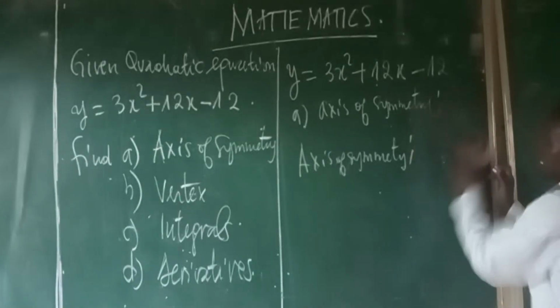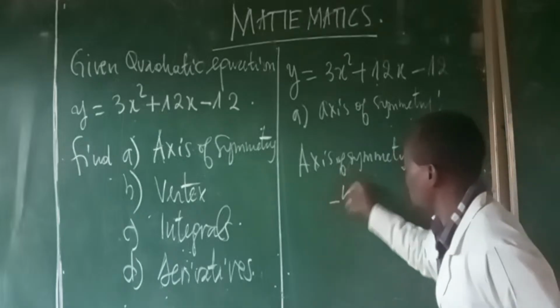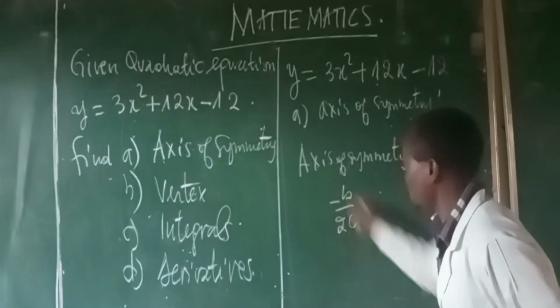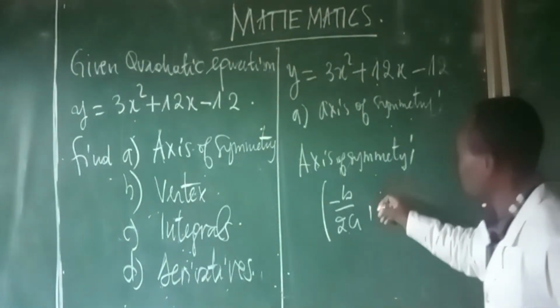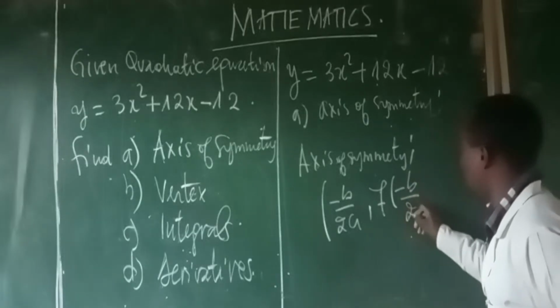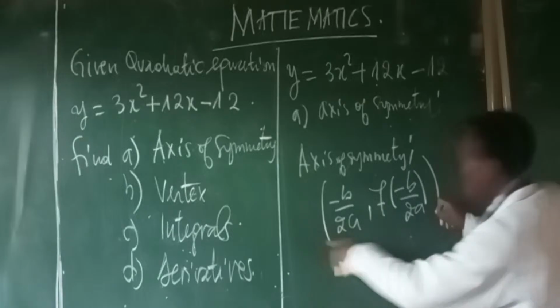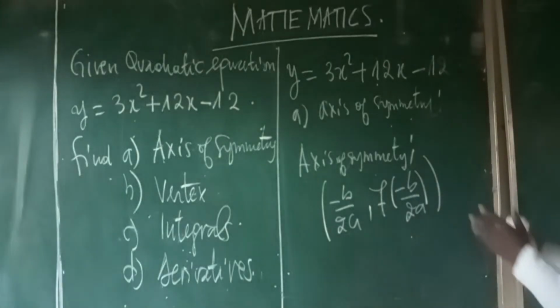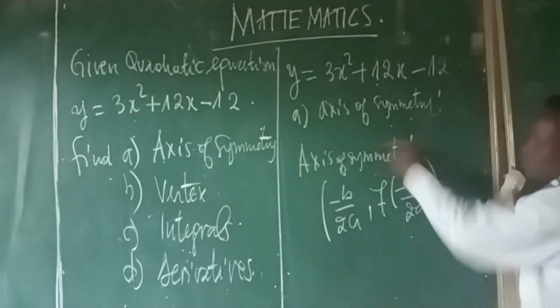Let me write it below. It is minus b over 2a, point or comma, f of minus b over 2a. You have to close this with the bigger bracket. This is the formula that we should use when we are finding the axis of symmetry.